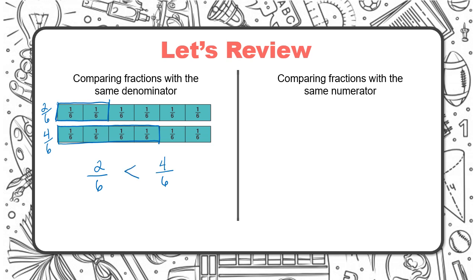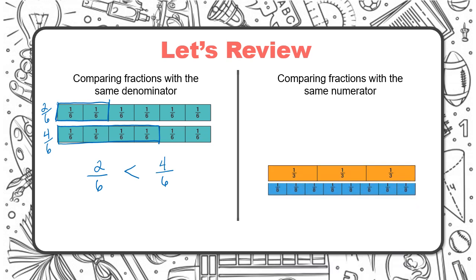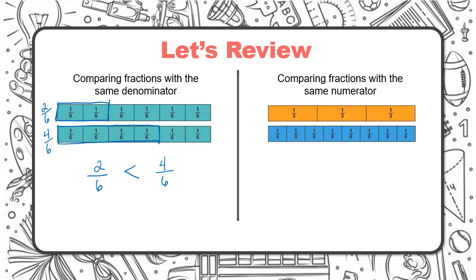Now for the next one, comparing fractions with the same numerator, I saw a few misconceptions here and I want to review them. So for this one, boys and girls, I'm putting up two fraction bars that have different denominators. One of them is broken up into 3 equal parts, or thirds, and the other one is broken up into 8 equal parts, or eighths.